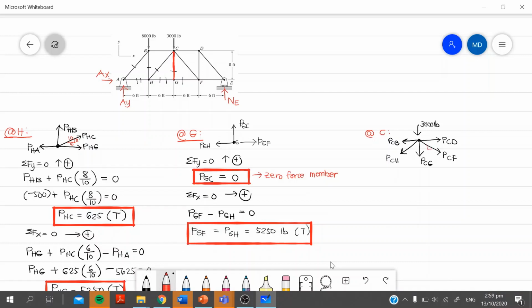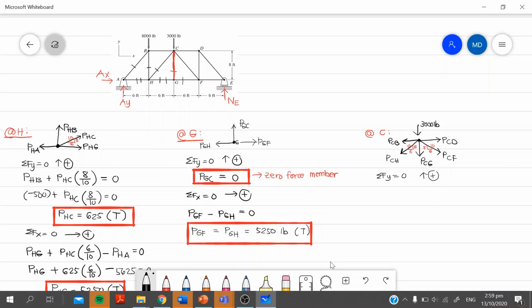So the slope of CF, 6, 8, 10. And here also 6, 8, 10. Okay, so sum up forces, vertical, equal to 0. Assume upward is positive.